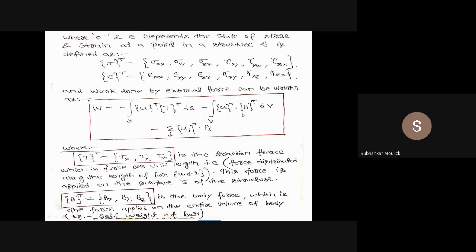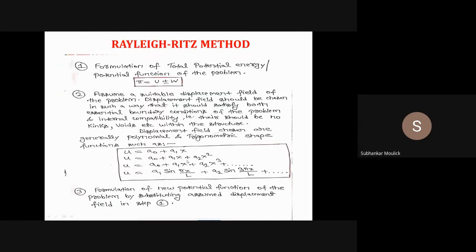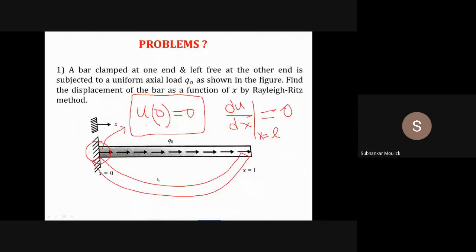Second component is work done due to body force. Third component is work done due to point load. So now see the diagram and tell me which component will I take. Will I take the traction force component, or the body force component, or the point load component?